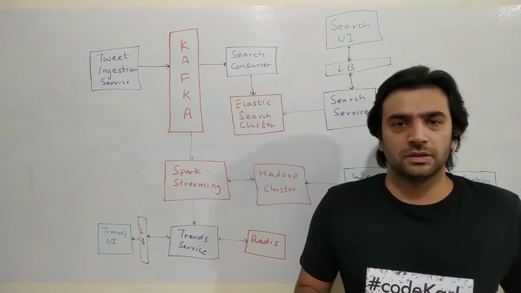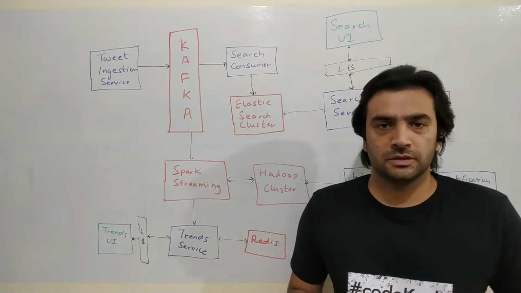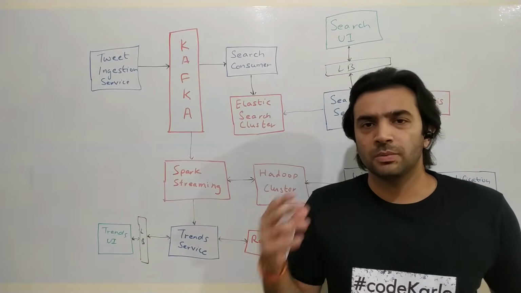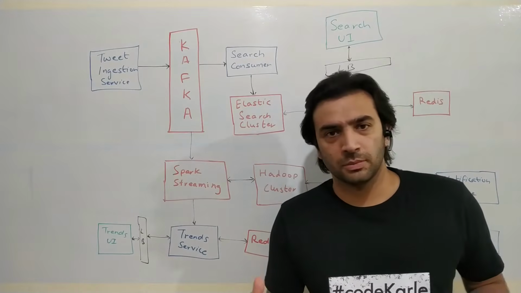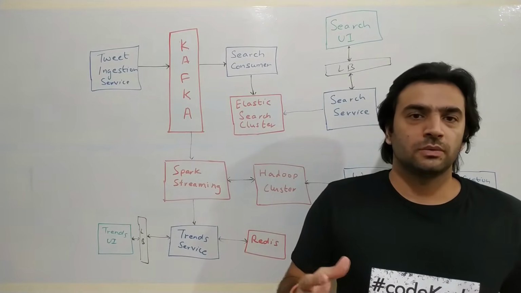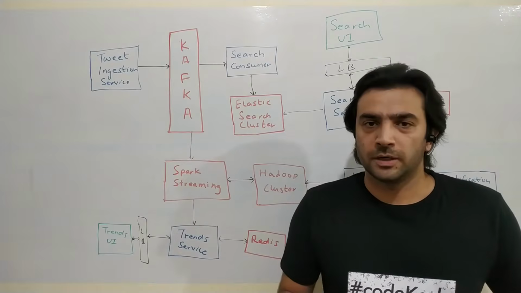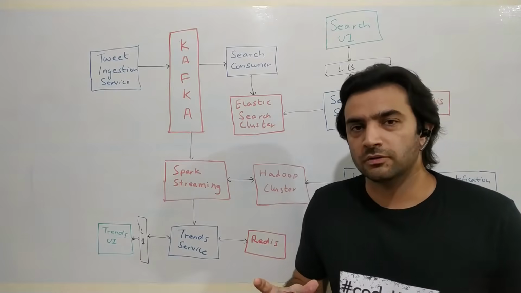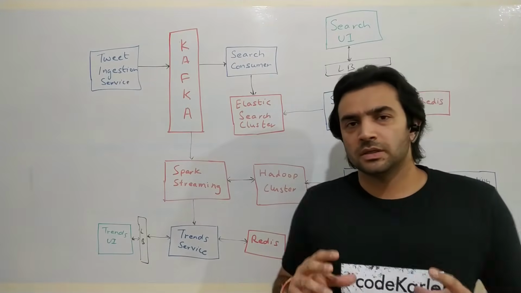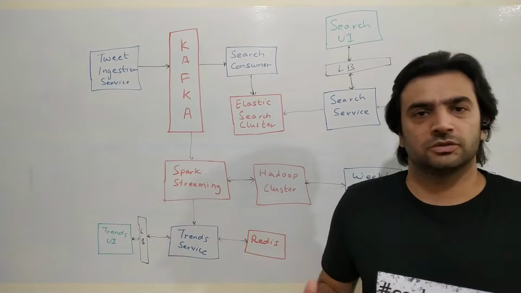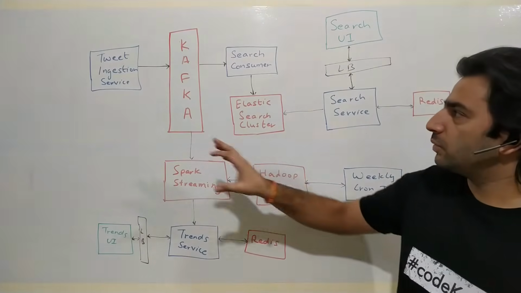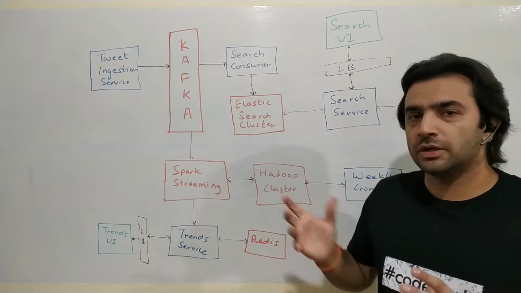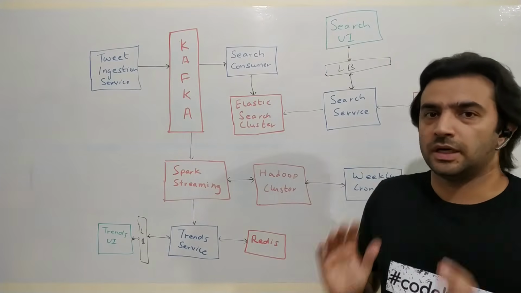A very basic implementation is something called TF-IDF, which is term frequency inverse document frequency, which tries to look at how many times a particular word has come in a document against all other words, and then tries to rank it accordingly. Now Elasticsearch uses Lucene to power all of those kinds of things. So any Lucene-based database could work just fine. Okay. Now once the search consumer processes all the data and stores it into Elasticsearch, it is basically ready for search.